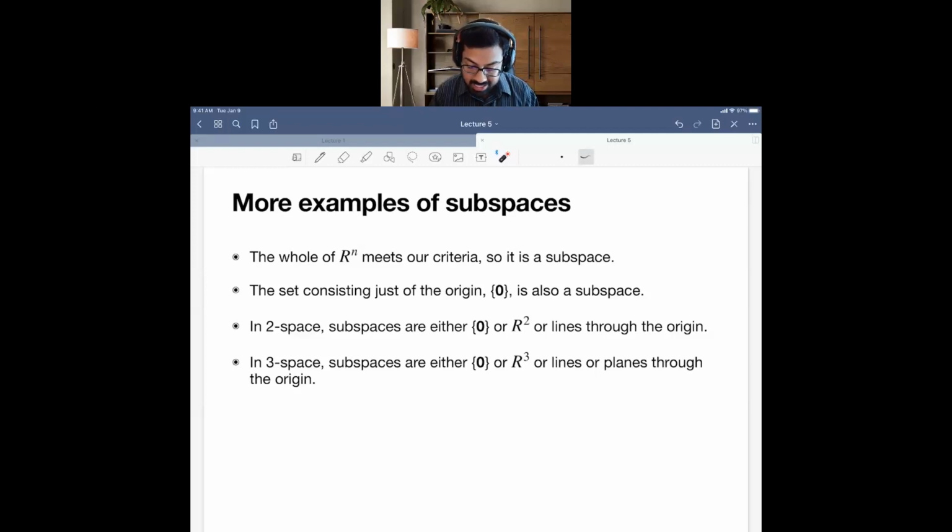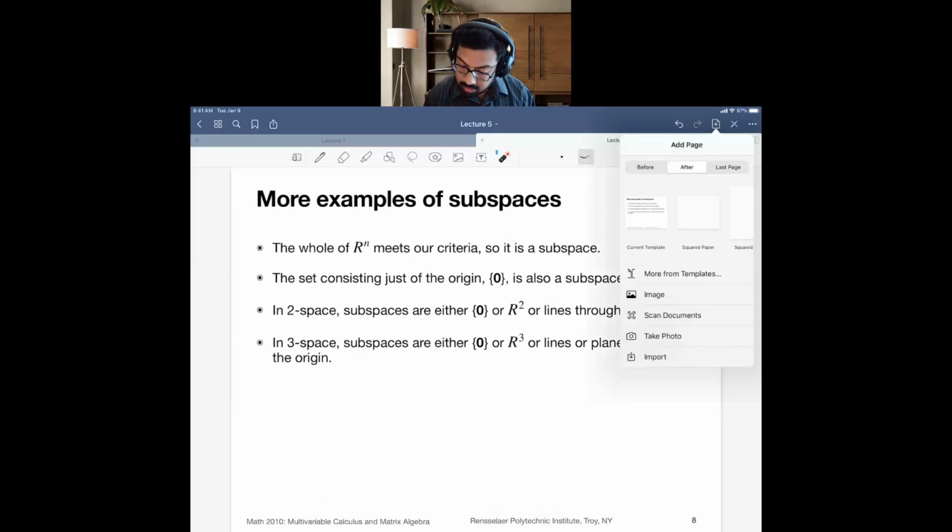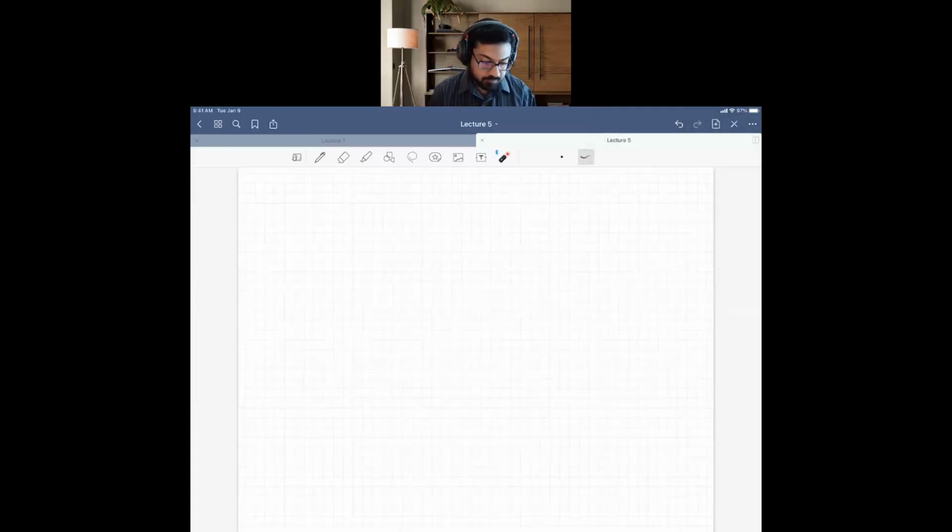How about the set consisting just of origin? Well, if you just have origin, I'll just quickly prove that it is also going to belong to a subspace. So let's take a look at that property right here. So let me check for origin over here. I'll start off with W, and I will say this is going to be my 0 vector.